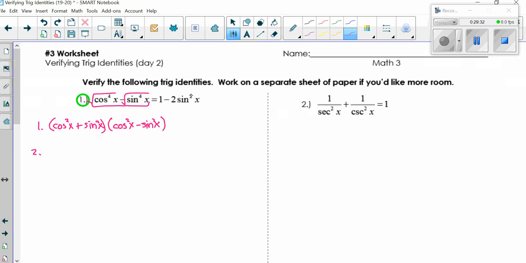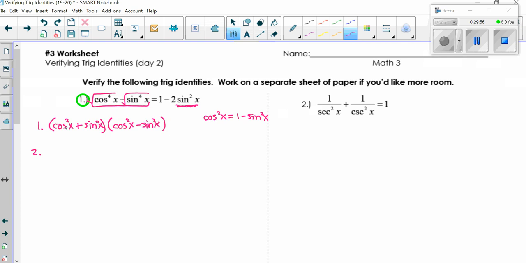Okay, let's see. I want my answer to have a sine. So you really want to pay attention to what you want your answer to look like. If I want it to have a sine, I don't want to change the sines. I want to make the cosines look like the sines. I'm just going to write this off to the side so you can see it. Cosine squared x is 1 minus sine squared x. So I can replace all of those cosine squared x.